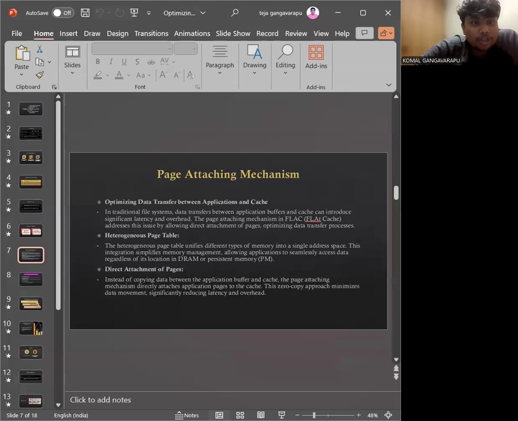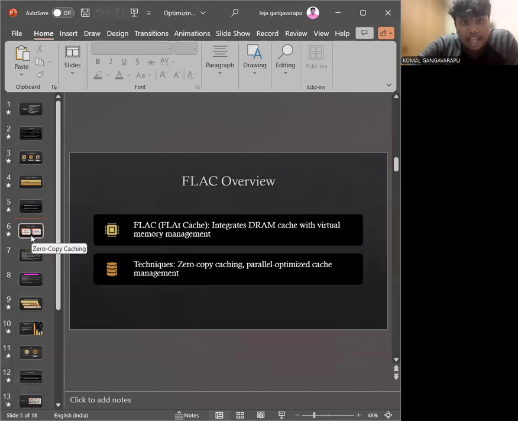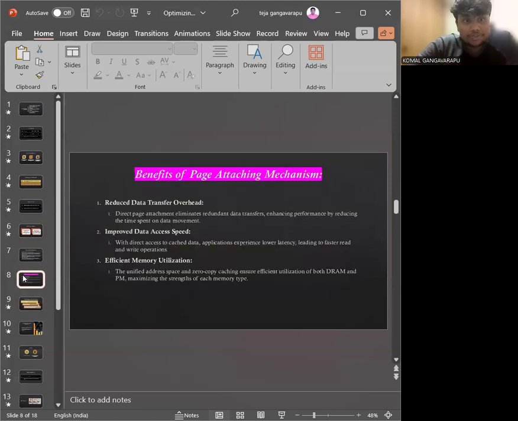Instead of copying the data between the application buffer and the cache, the page attaching mechanism directly attaches the application pages to the cache. This zero copy approach minimizes data movement and significantly reduces latency and overhead. These are all part of FlatCache.